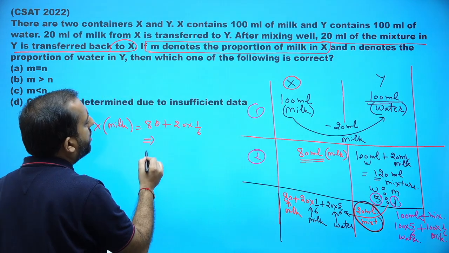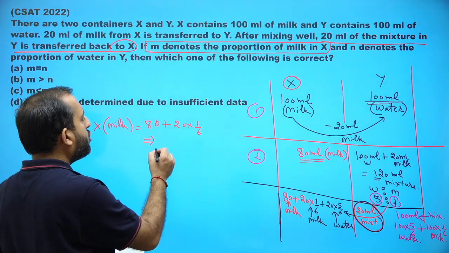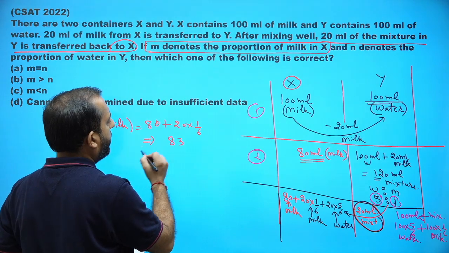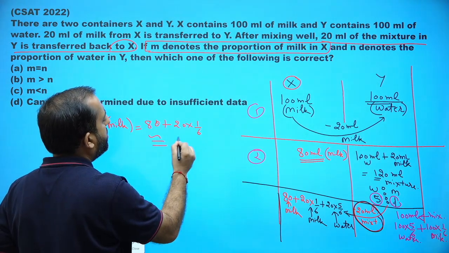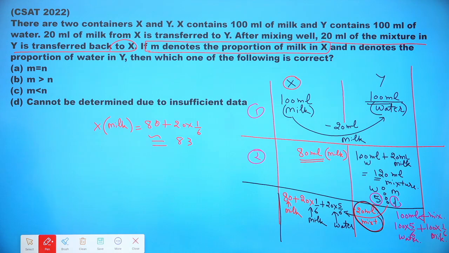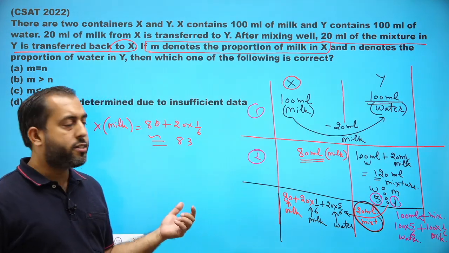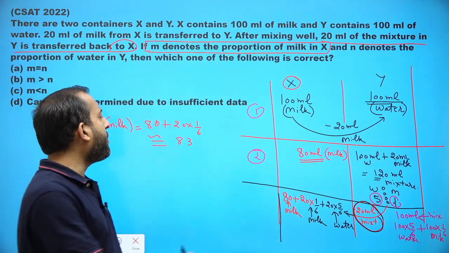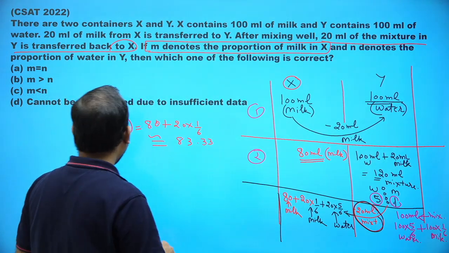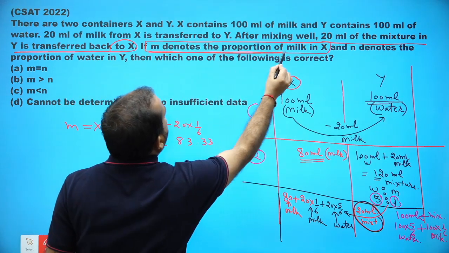If you solve this, it comes out to be approximately 83. 20/6 is 10/3, and 1/6 is 16.66, so it comes to about 83.33. This is M, because M denotes the proportion of milk in X.